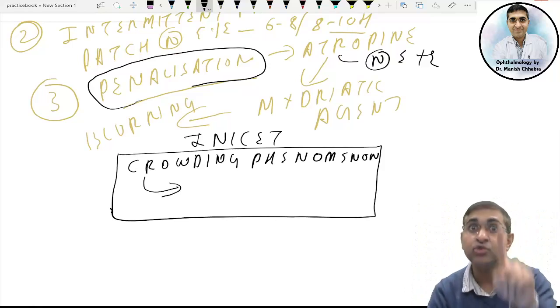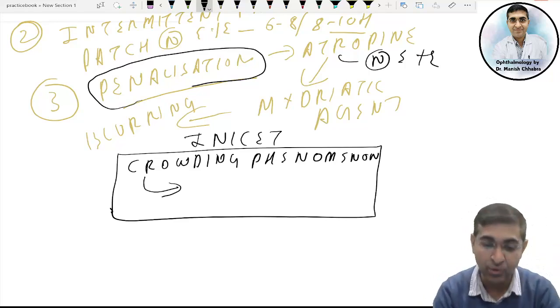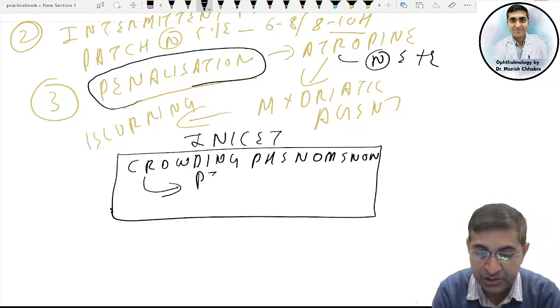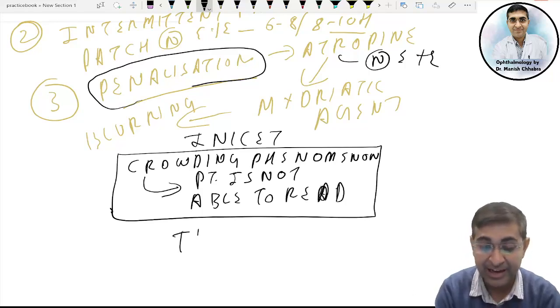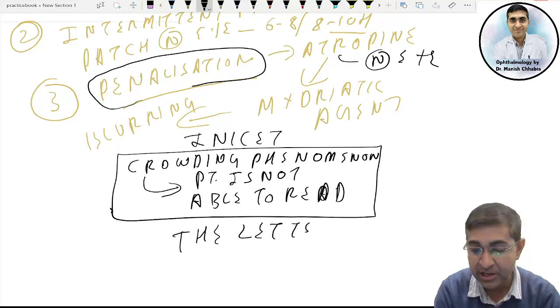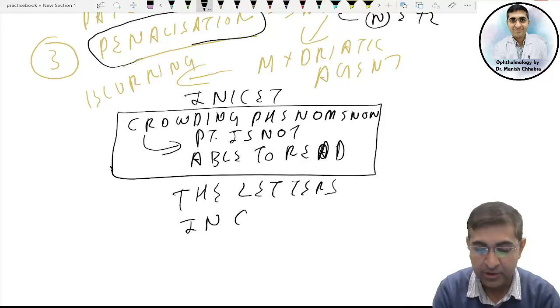But when you ask the patient to read the letters individually, the patient will be able to read them. The crowding phenomenon is when the patient is not able to read the letters in continuity on Snellen's chart. Yes, so that is your crowding phenomenon.